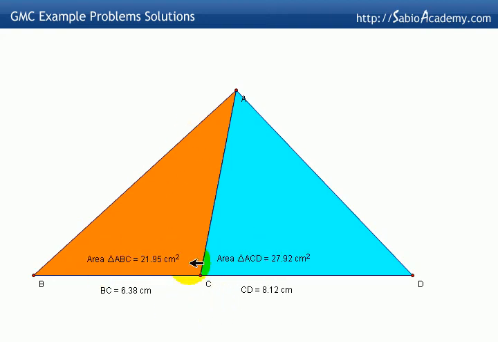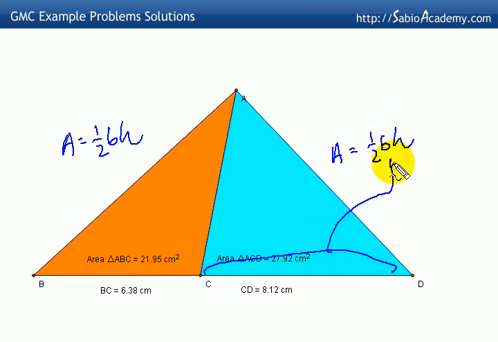The area of a triangle, as you know, is the base times the height divided by 2. So in other words, area of a triangle is 1/2 base times height. And area of this triangle must also be 1/2 base times height. This base would be the base of the triangle, and this base is this space here for your computation.